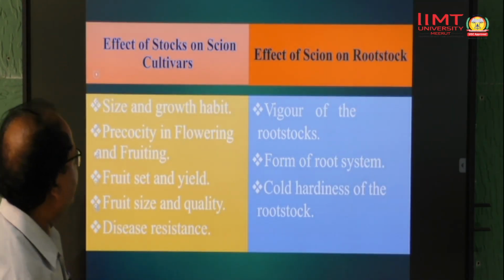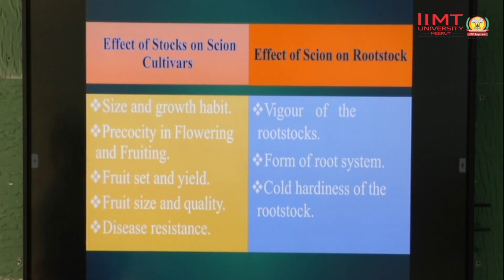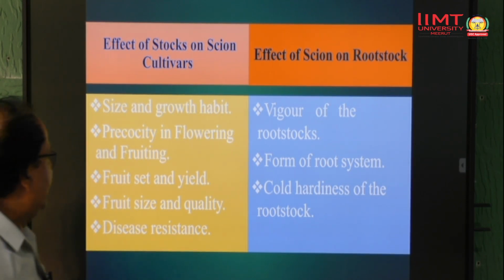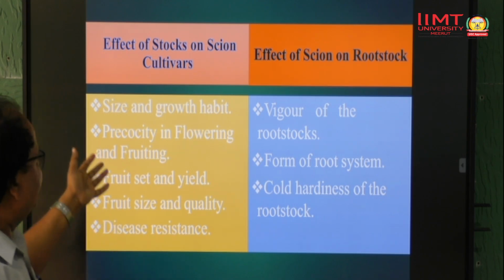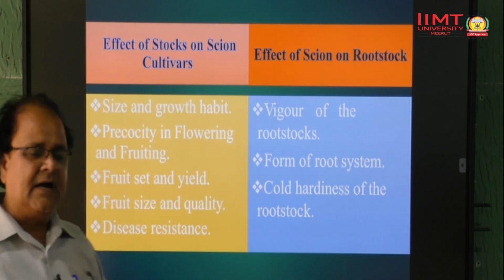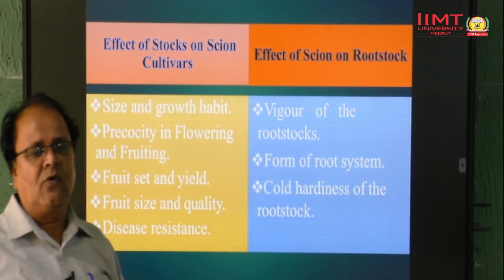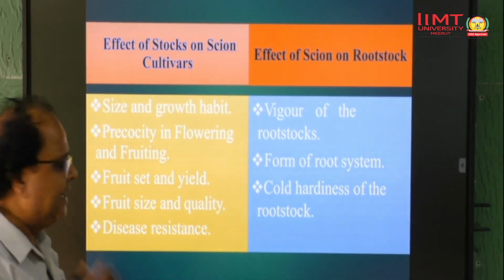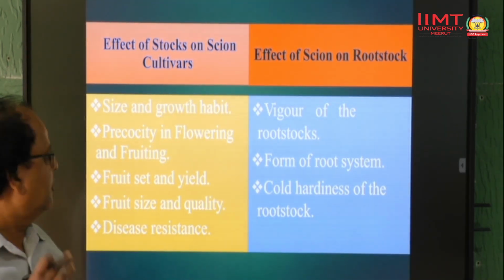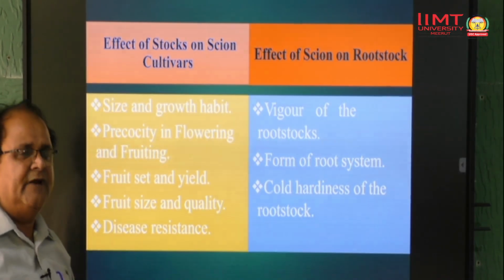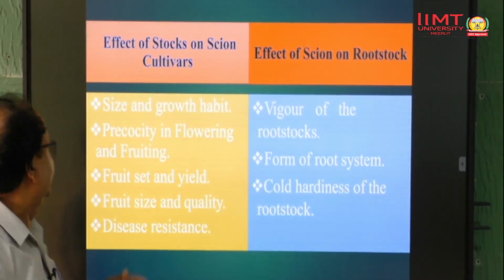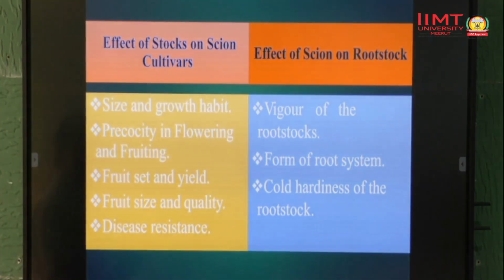The effect of the stock on the scion cultivar appears after failure of compatibility between scion and rootstock, affecting size and growth habit. If compatible, the plants grow normally. If the scion is incompatible with the rootstock, failure occurs at the graft union. It also affects precocity of flowering and fruiting.